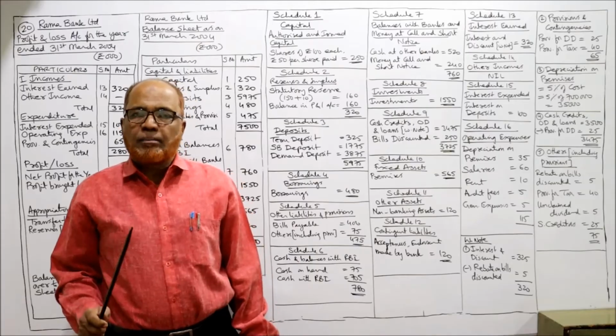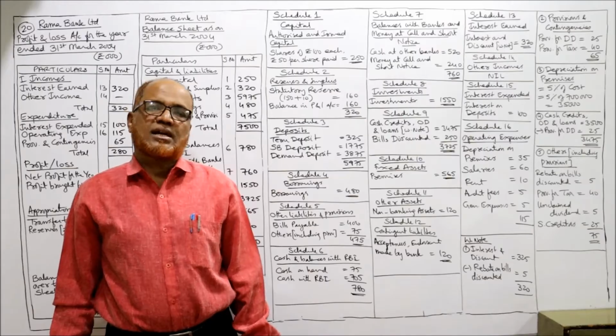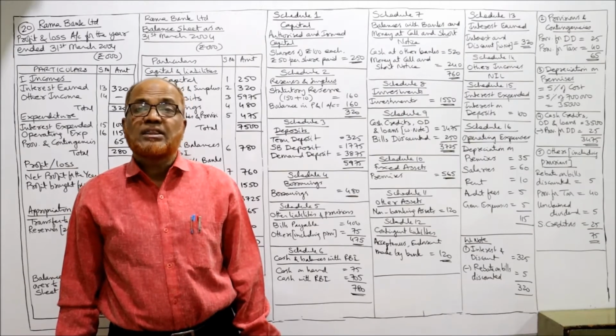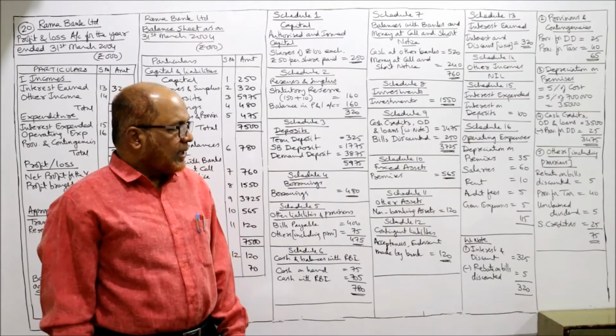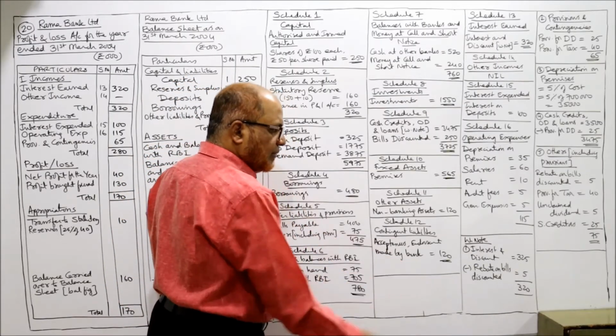First of all, rebate on bills discounted will be deducted from interest and discount under schedule number 13. Here you can see interest and discount given in the trial balance is 325.